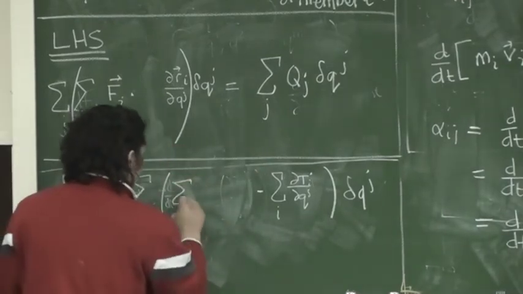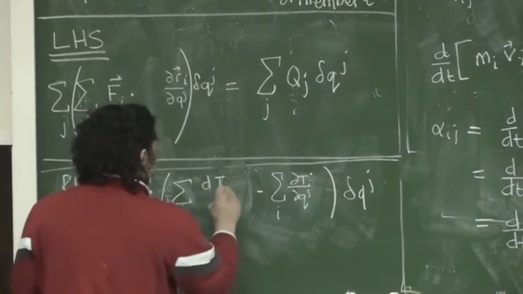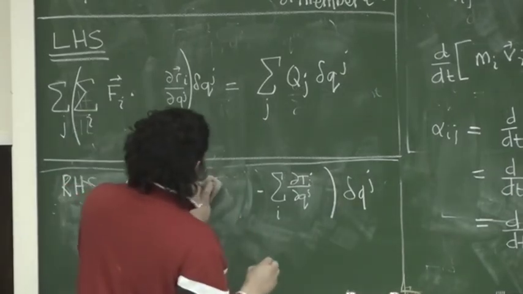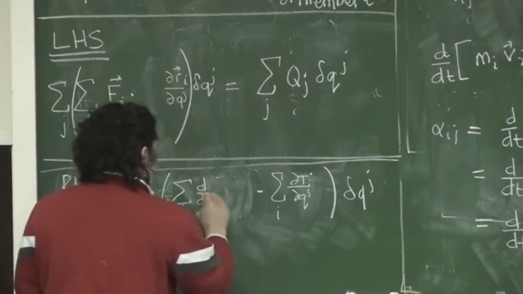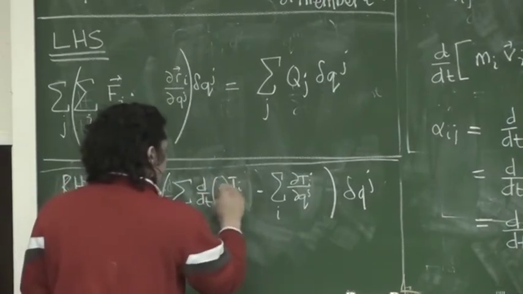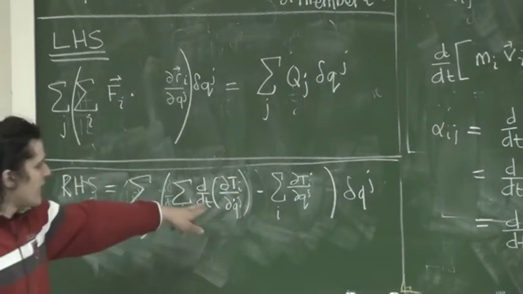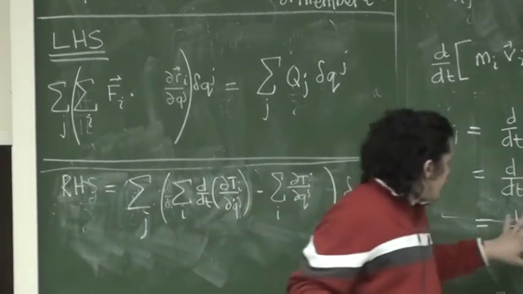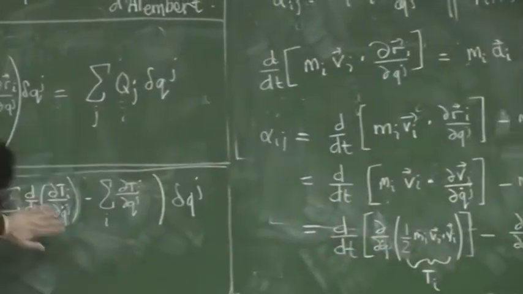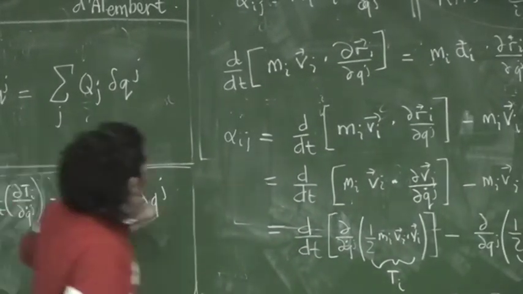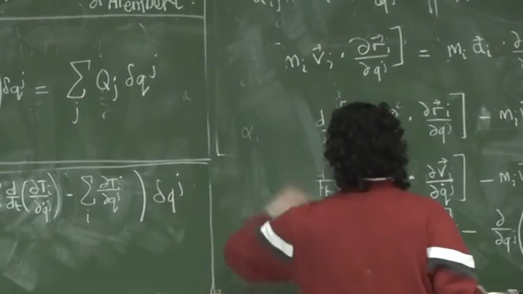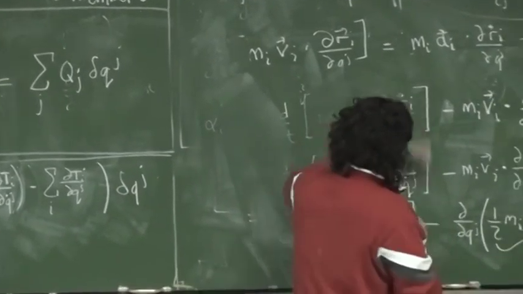Sum over i, I'll leave it how it was, Ti. This is how it looks, right? This is essentially just substituting this thing into here.